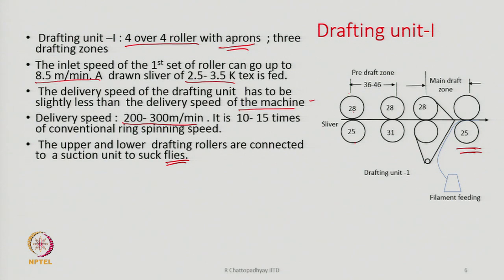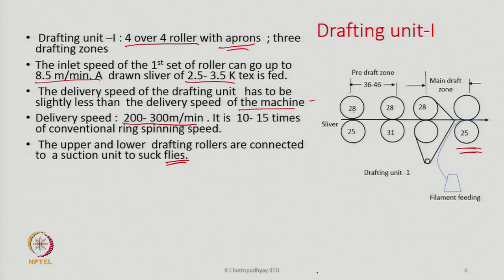Because if the rollers run at a very high speed, a lot of dust will be generated if we are processing cotton, and even if not cotton, a lot of fiber flies will be there, because each and every roller running at a very high speed has its own air current, and there could be collision between the air currents of top and bottom rollers.